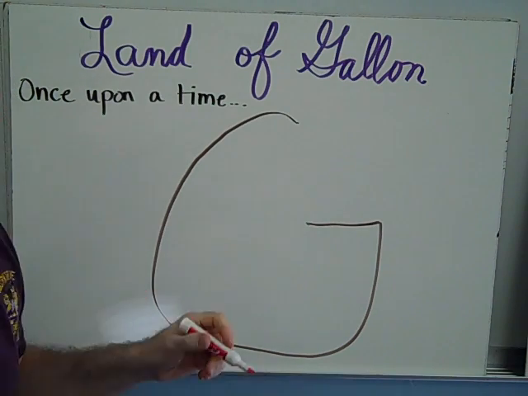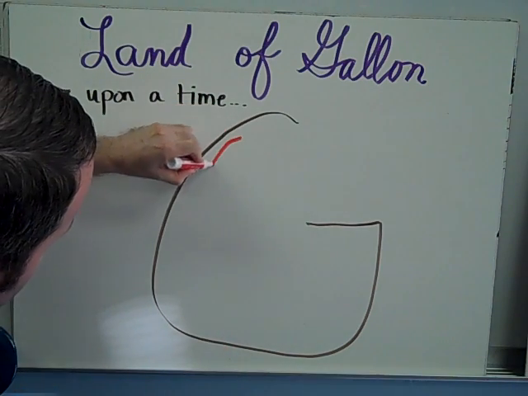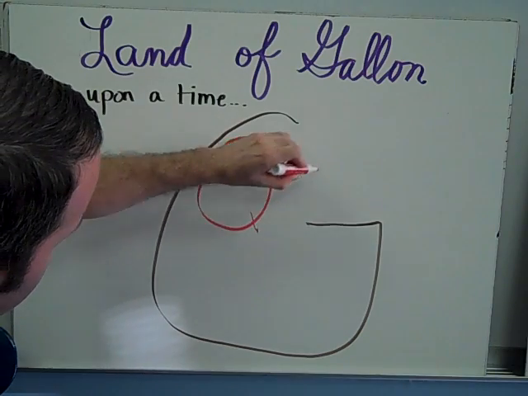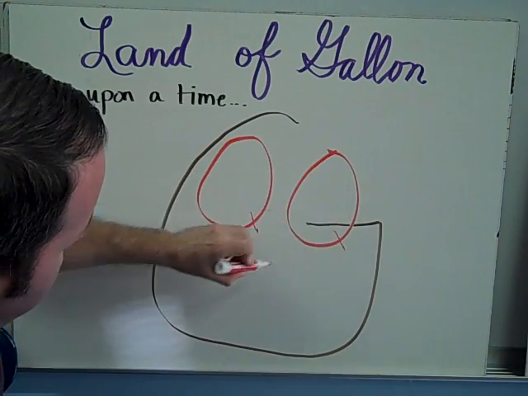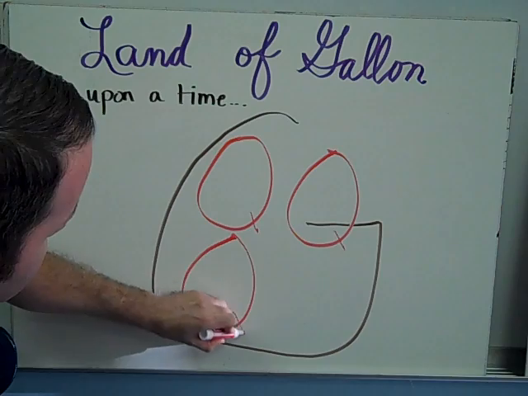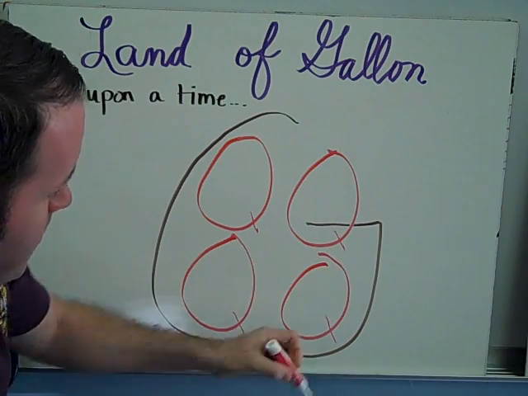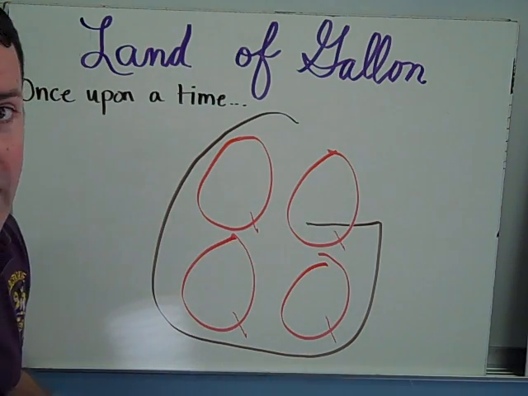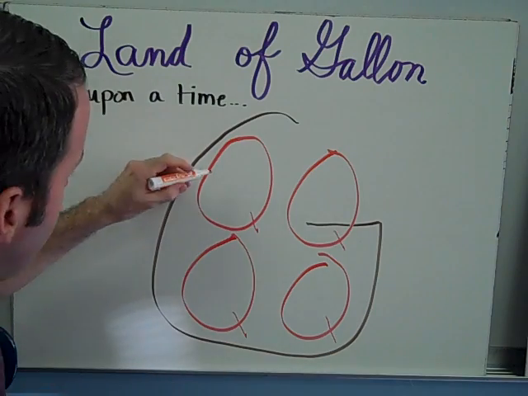there were 4 giant queens. Each queen had a prince and a princess.